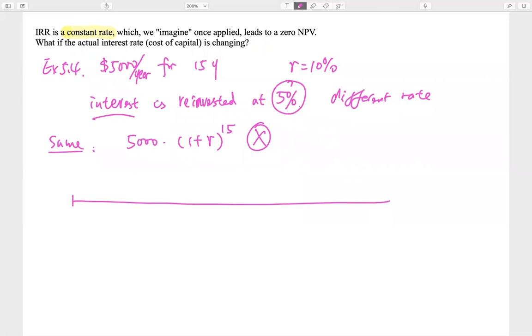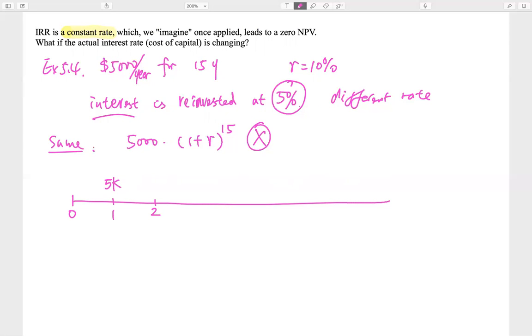Okay, so she invests money for different purposes. Assume here she invests $5,000 at the end of each year. So this is the first time she invests.